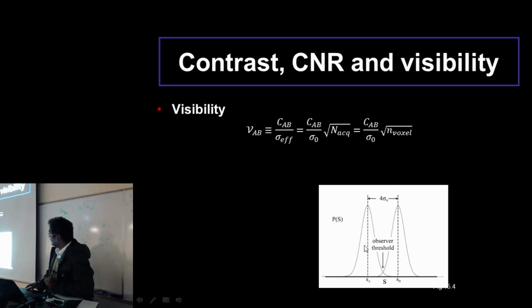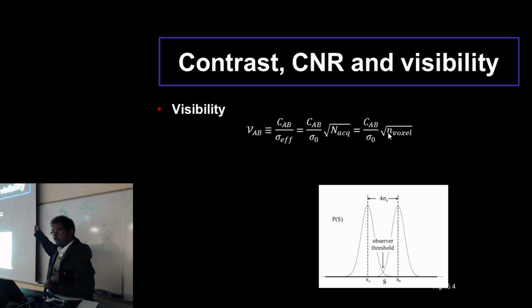But you have a large number of points, so you will still be able to make out that object as an individual object, because your eye automatically averages the signal from that structure.